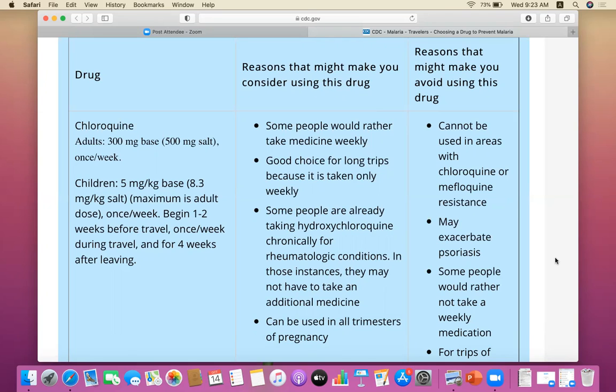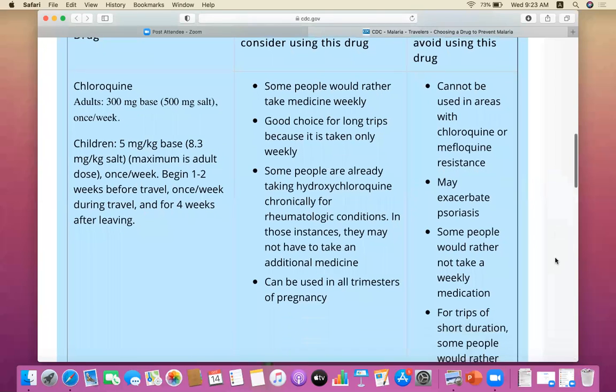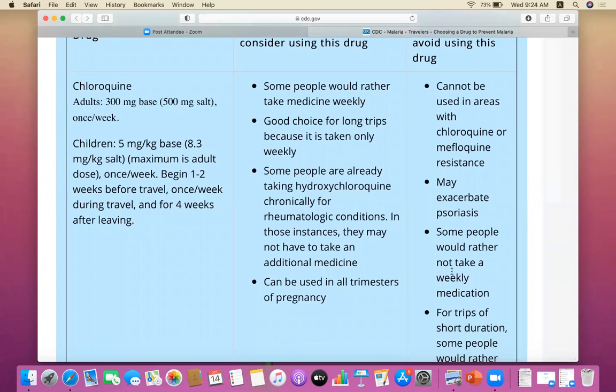So if the person is taking medicine for SLE or rheumatoid arthritis, or is taking hydroxychloroquine, there is no need to take chloroquine again, because these drugs are from the same quinoline category.